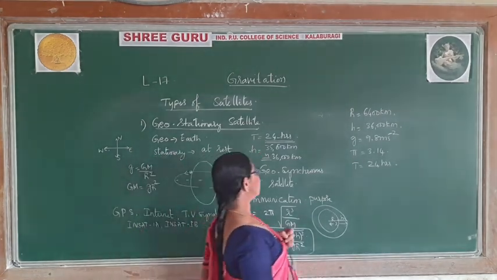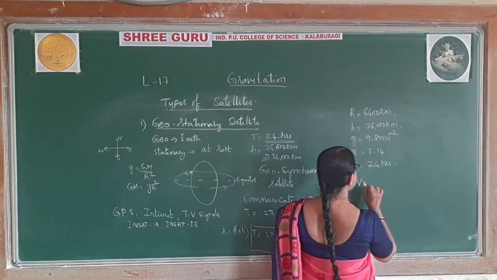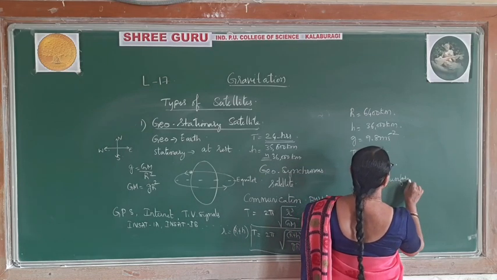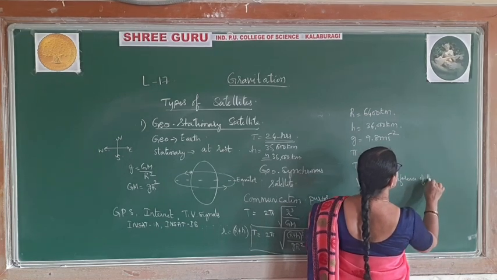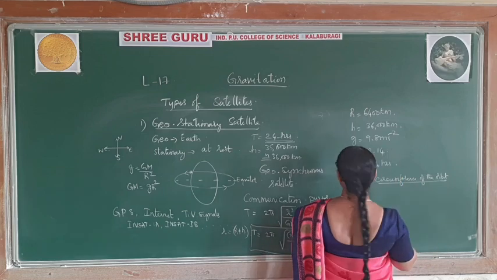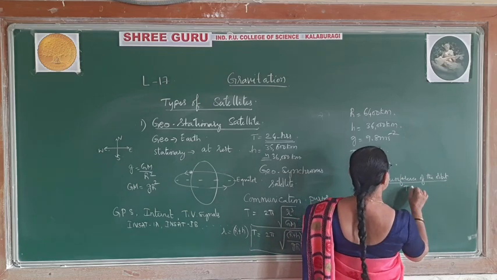So let me calculate. Velocity is equal to the circumference of the orbit divided by T, the time taken.